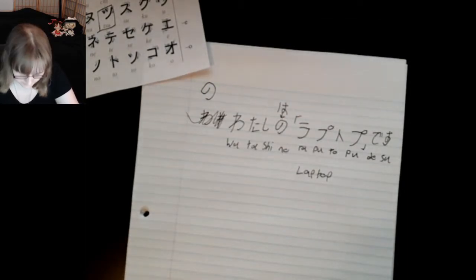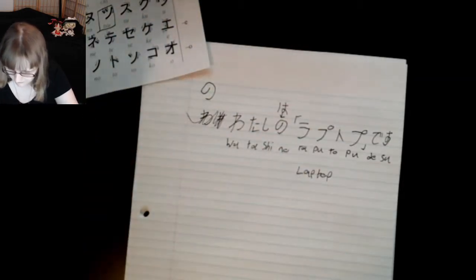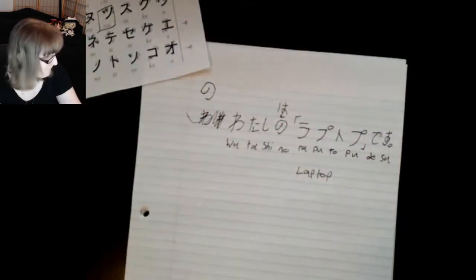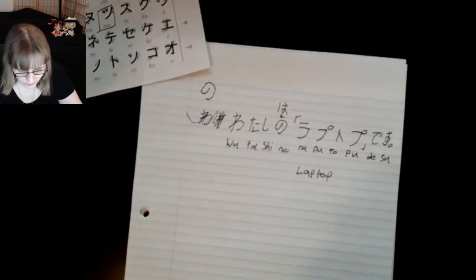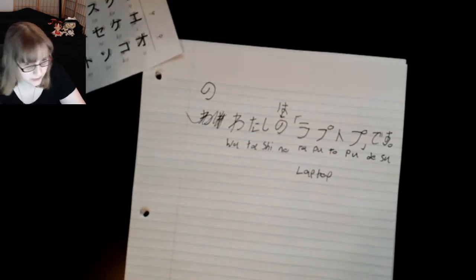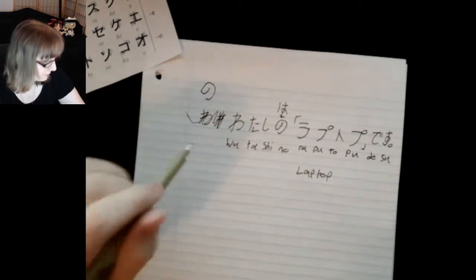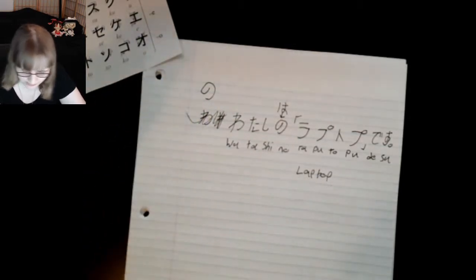Watashi no laptop. Watashi no laptop desu. There may be other contexts for using the no particle, which I'll have to research for you, but at present, we just want to worry about the ownership one.